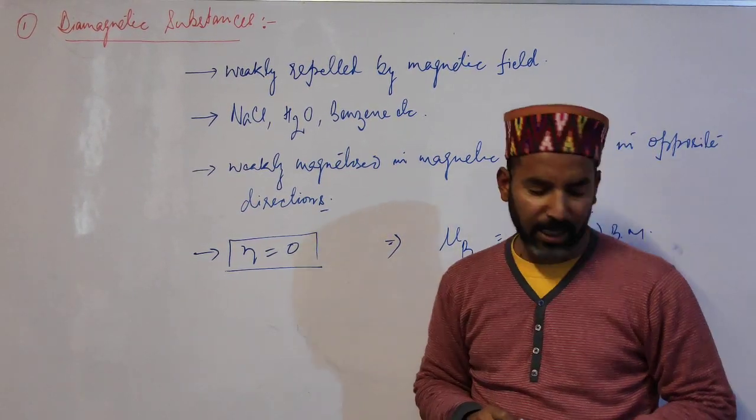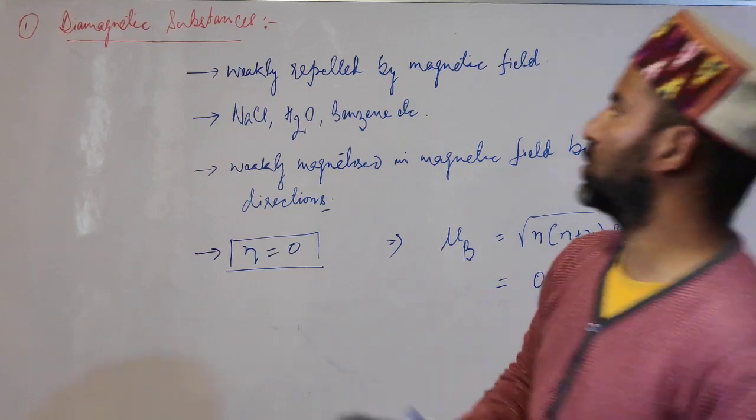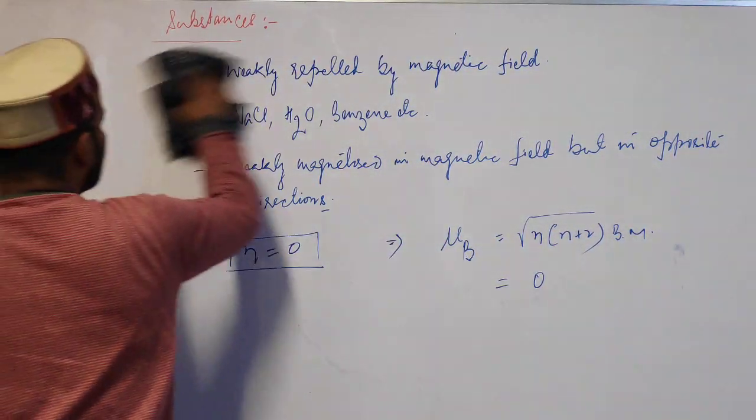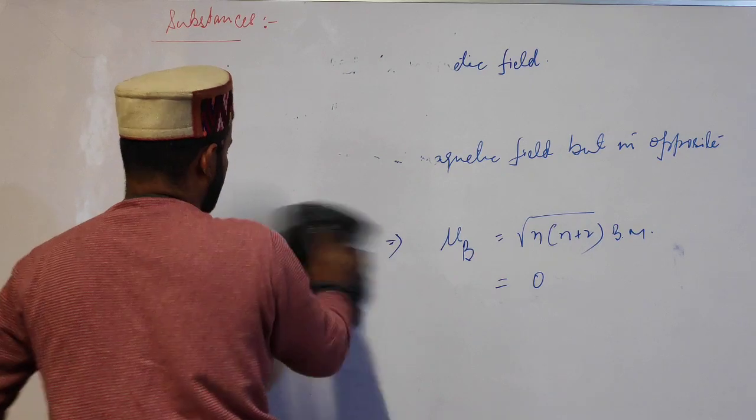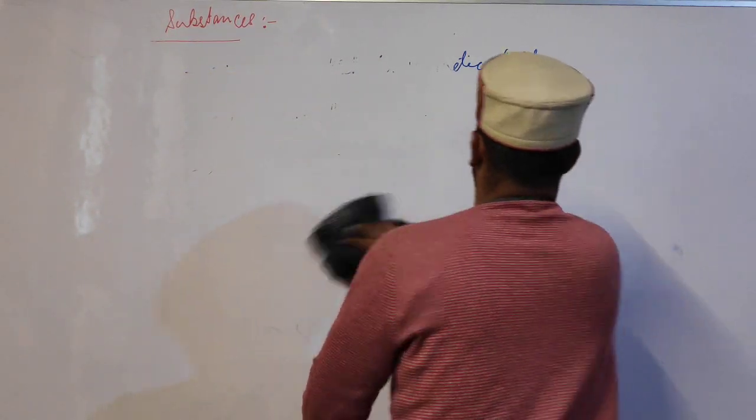Now students, second type we have paramagnetic substances. So what are paramagnetic substances?